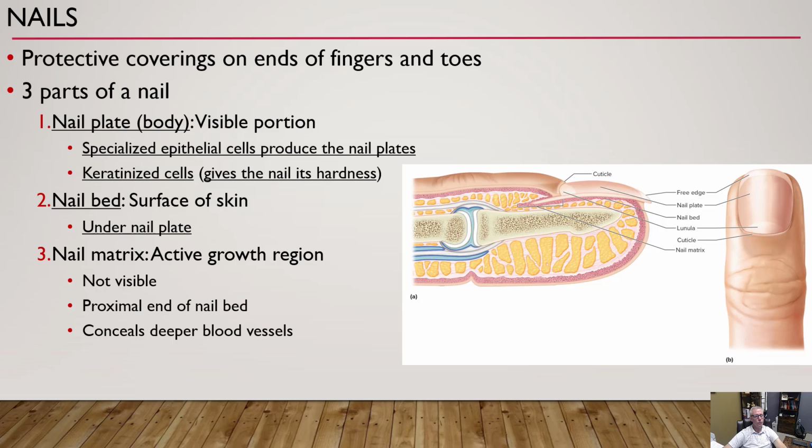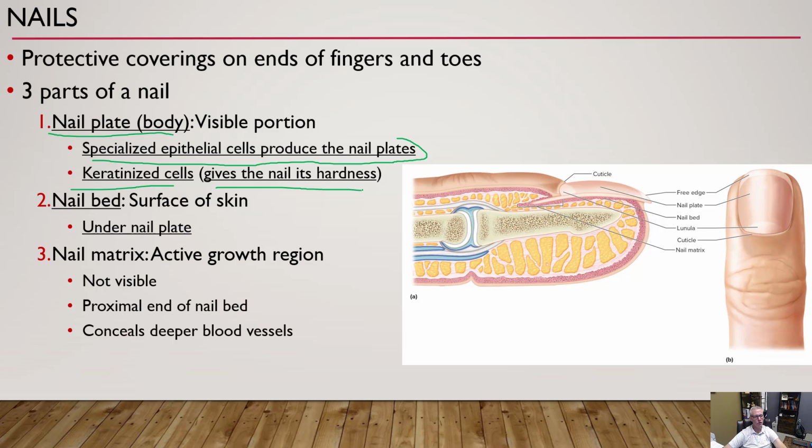All right, so for nails, obviously we know what the nails are. We have three parts to the nail. Your nail plate, that's the body of your nail. That's the portion of the nail that you can see. Basically, your nails are just epithelial cells that produce the nail plate, and it's a bunch of keratinized cells.